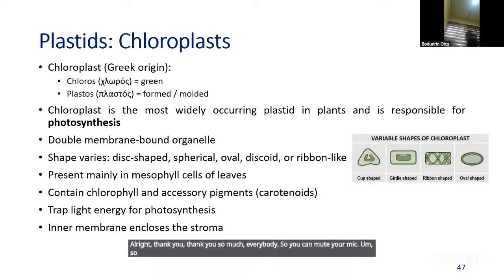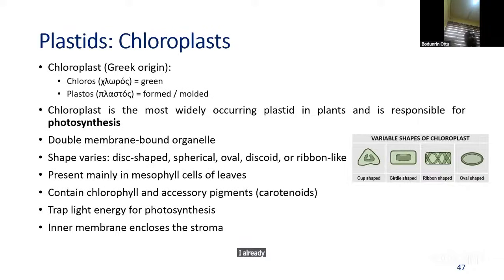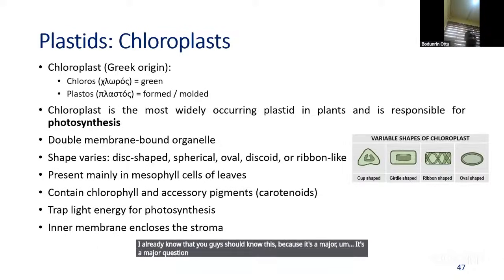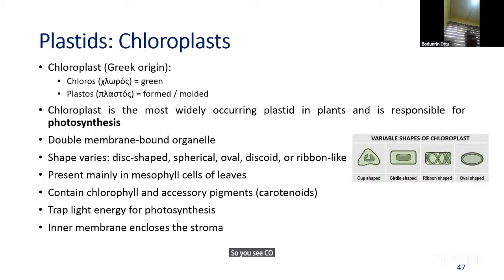So I already know that you guys should know this because it's a major question at WAEC level, something that some of you have crammed. In fact, I think when we were in secondary school, we even had a song for photosynthesis. But the last person actually gave the complete definition. So you see CO2, water, and sunlight, right?